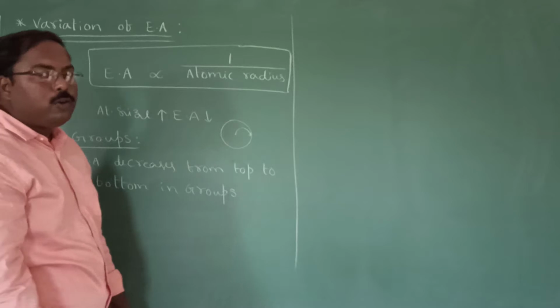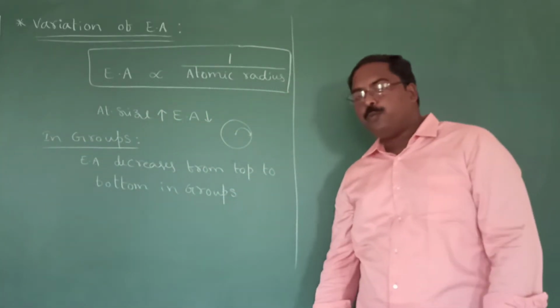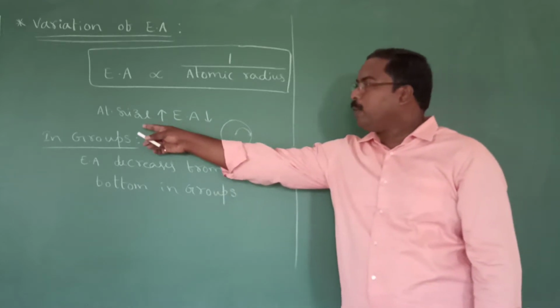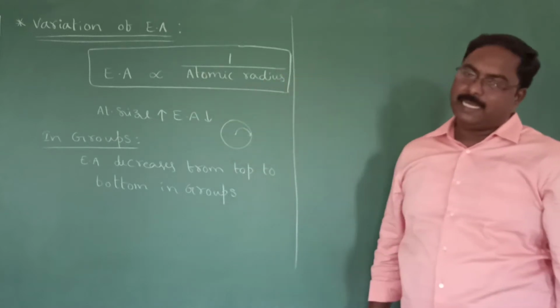Okay? In the groups, the electron affinity values decrease from top to bottom. Why are they decreasing? Because atomic size is increasing, so electron affinity values decrease.